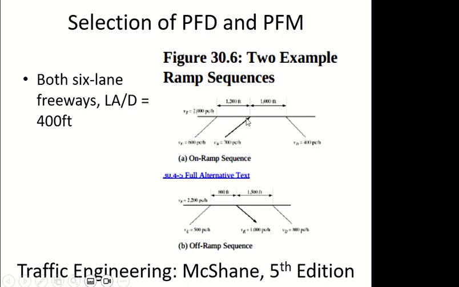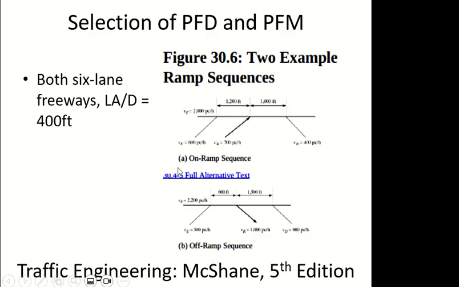Okay, so this one is an entry ramp, so we call it a merge segment. So we have a merge segment here, and this one is an exit ramp, so this is a diverge segment here. Okay, and you have 1000 feet here to 1500 here, and you have 800 feet here and 1500 feet here, the distances between the ramps.